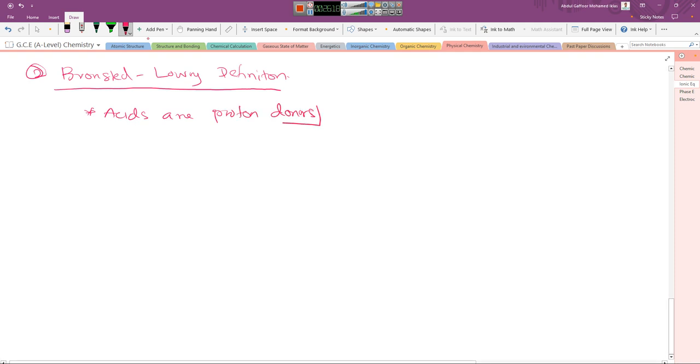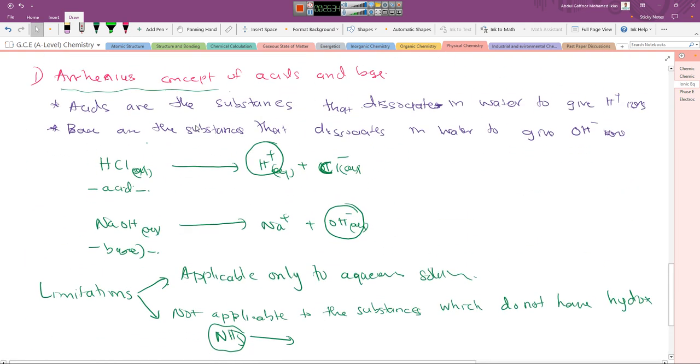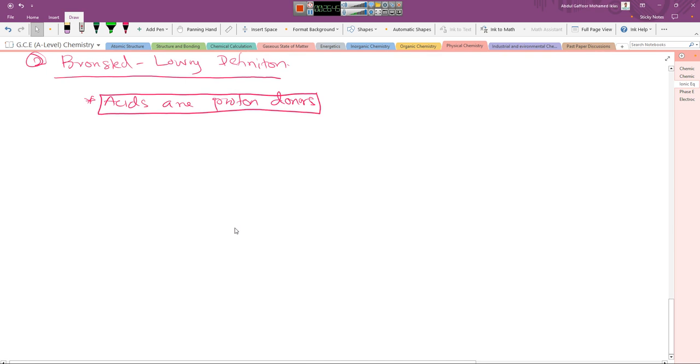This is nothing but the first statement of the Arrhenius concept, that acids are the substances that give H plus, meaning they donate. So acids are proton donors, whereas bases are proton acceptors.